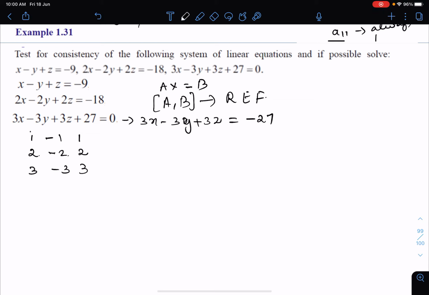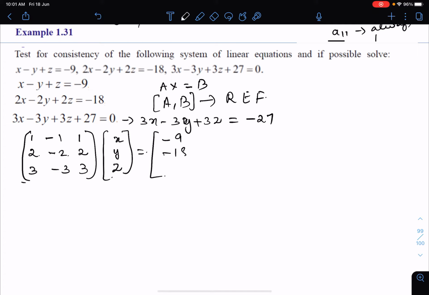Now this is going to be our A, and our x unknowns equal to our B, which is going to be minus 9, minus 18 and minus 27. Now you write your augmented matrix A comma B.